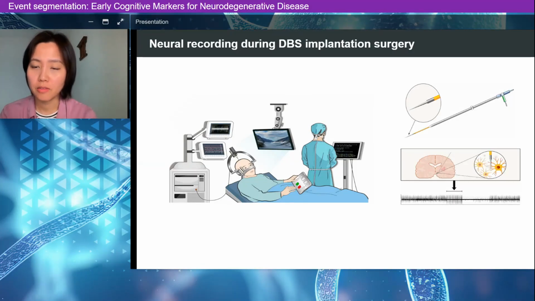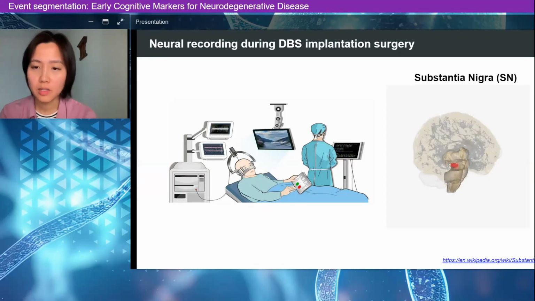To record their neural activities, we are using the typical standard clinical probes, which the clinicians are used to targeting the brain regions for deep brain stimulator implantations. And this device, on the tip of the electrodes, has microchannels, which are capable of recording deep neuron activities extracellularly. As shown on the right side at the bottom, that will be the typical single neuron action potential we have recorded from the extracellular recordings using this type of probe.